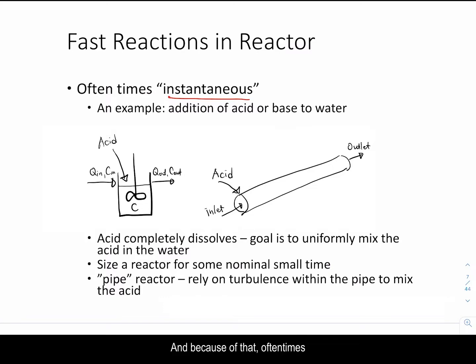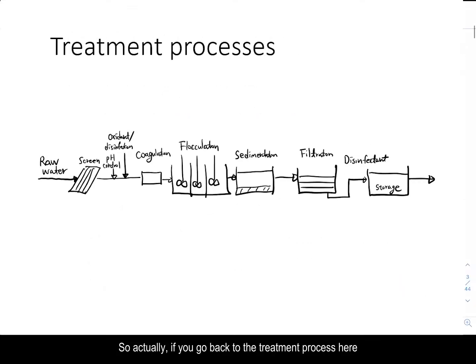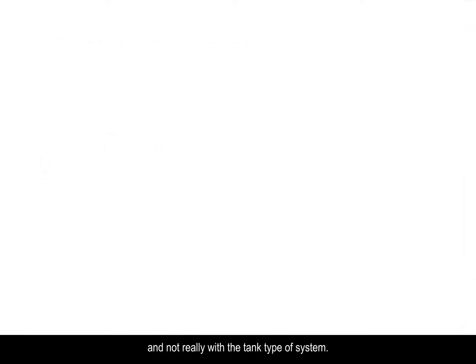And because of that, oftentimes adding the acid may be done in a setup like here, whenever we have a mixer, or it might even be done in a pipe system, right? So actually, if you go back to the treatment process here, and I'm just going to delete this so it might be easier for us to see. You notice the pH control here is actually with the pipe and not really with the tank type of system.